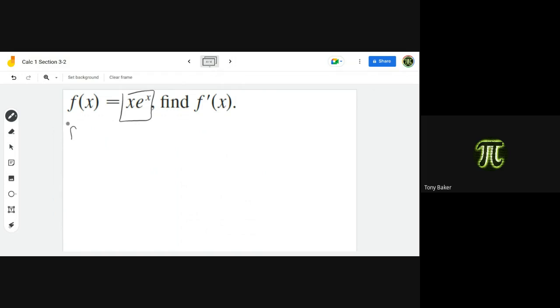So I really hate the fact I used f of x here, but that's okay. I don't want to use u because that's u substitution. All right, we'll say m is x. So if m is x, what's m prime?